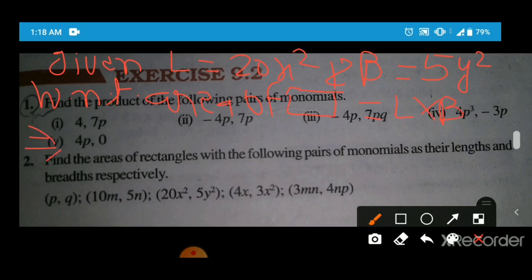It is 20x square multiplied by 5y square. So this is equal to 20 multiplied by 5 and x square multiplied by y square.